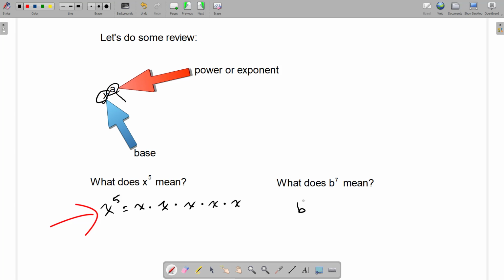B to the seventh means we're multiplying b by itself 7 times. So that's what a power means: a number or variable raised to some exponent.